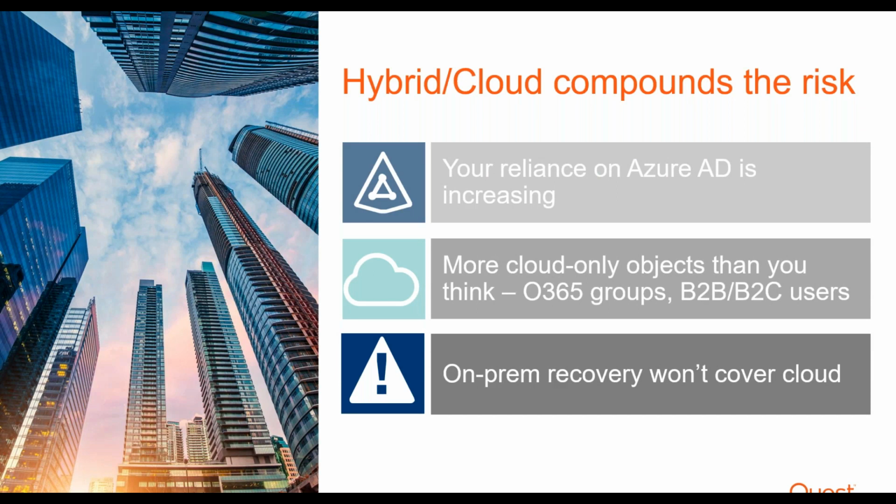And there's also more cloud-only objects than you think: Office 365 groups, business-to-business users, business-to-consumer users, and even the ones that are synced from on-premise. There's all sorts of strange behaviors you need to be aware of that can affect the recovery of a user or a group if it disappears or is modified in Azure AD. Because on-prem recovery won't cover cloud at all. So those are some of the things to think about.